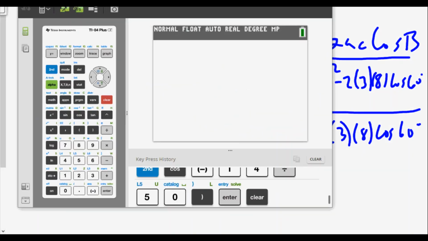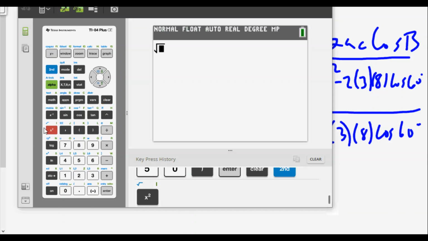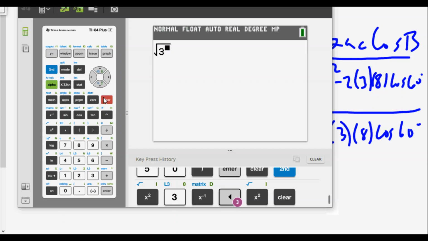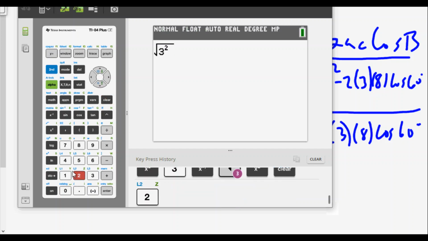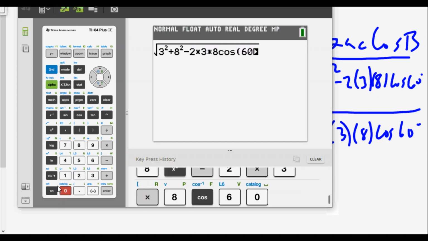Okay, and so we're going to have the square root of 3 squared plus 8 squared minus 2 times 3 times 8 cosine of 60 degrees.